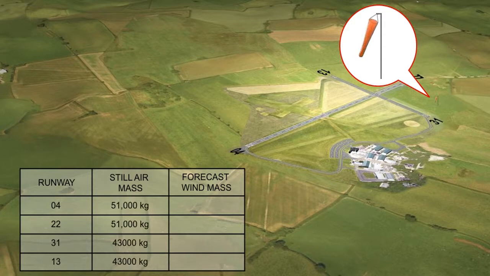In our example on screen, assuming zero wind, runway 04 and runway 22 both allow a maximum landing mass of 51,000 kilograms, but runway 31 and runway 13, being much shorter runways, allow a maximum landing mass of only 43,000 kilograms. Therefore, the most favorable runway in still air is either runway 04 or 22, which both allow a maximum landing mass of 51,000 kilograms.